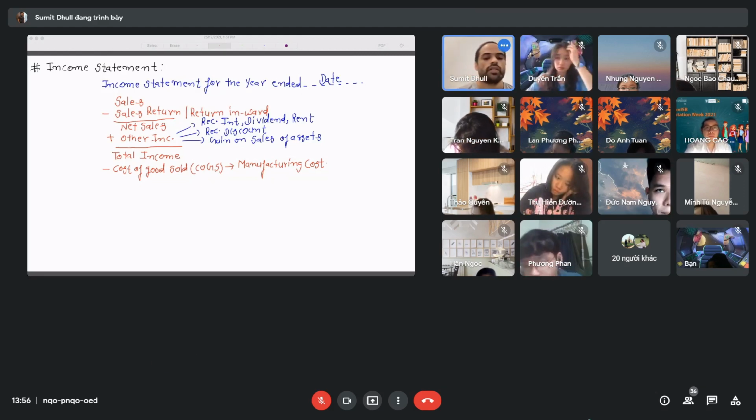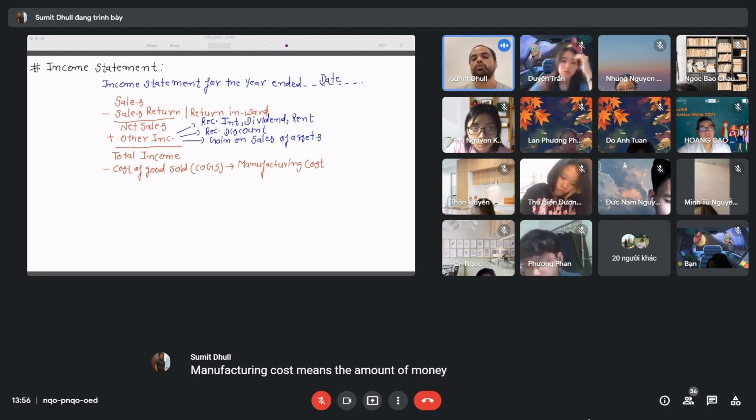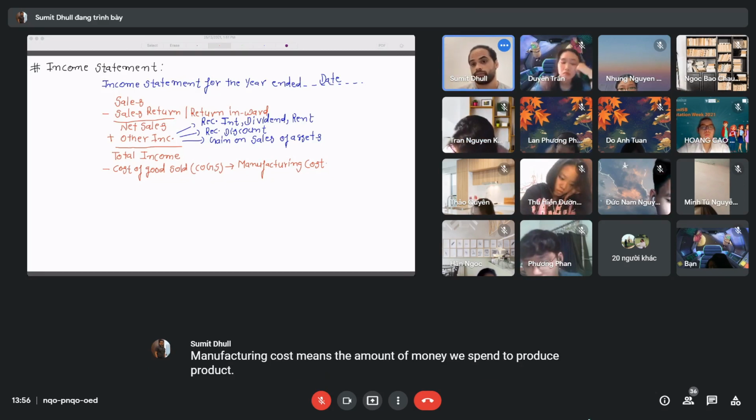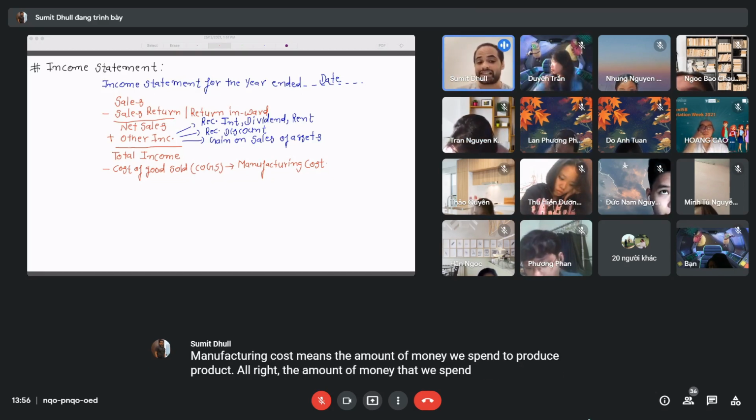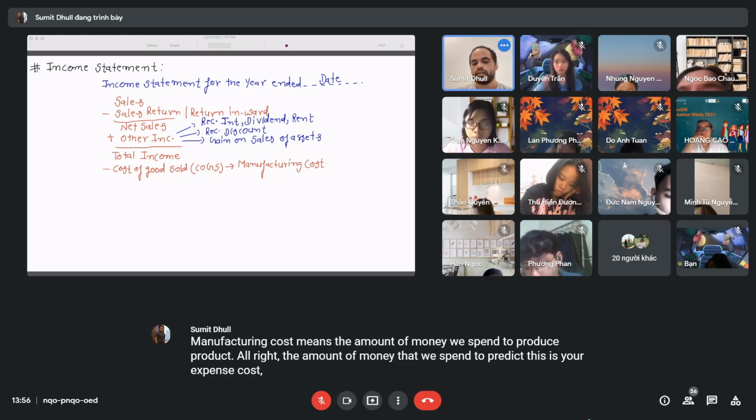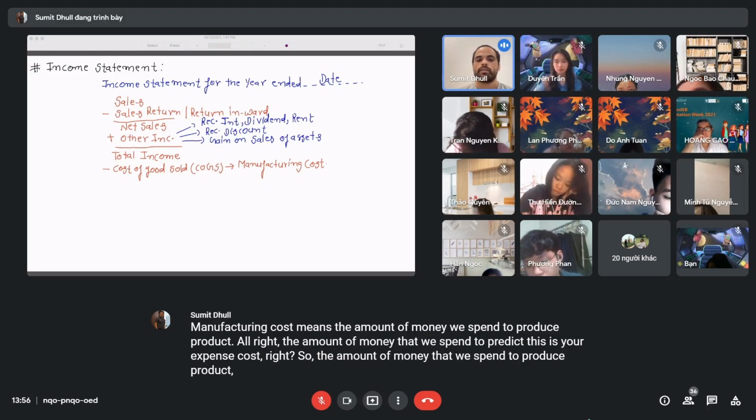Manufacturing cost means the amount of money we spend to produce product. All right. The amount of money that we spend to produce, this is your expense cost, right? So the amount of money that we spend to produce product, that's called manufacturing cost, right?